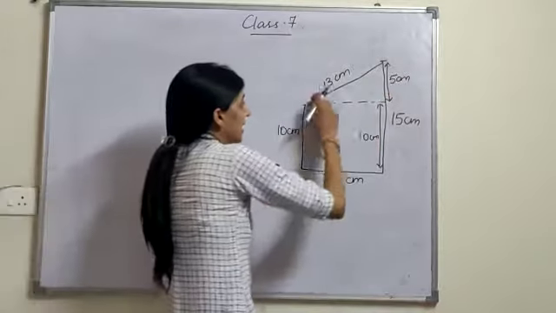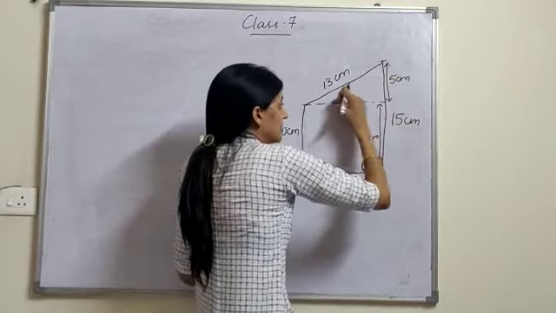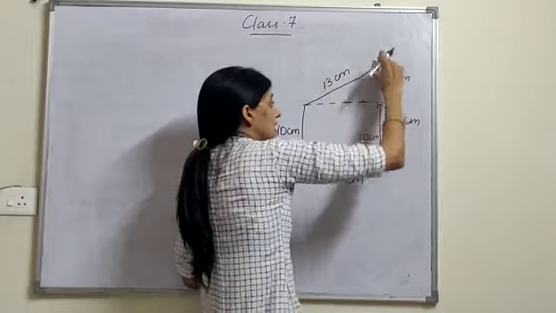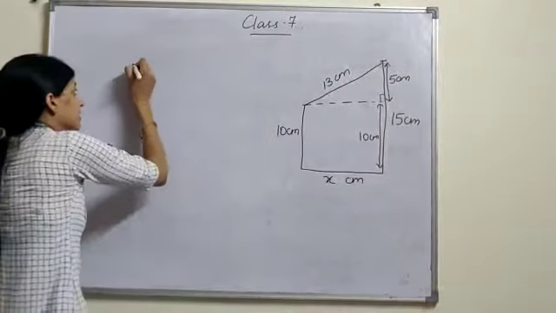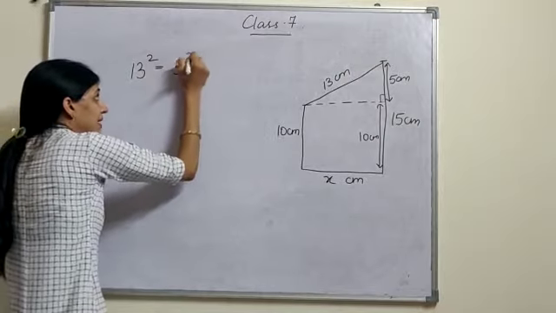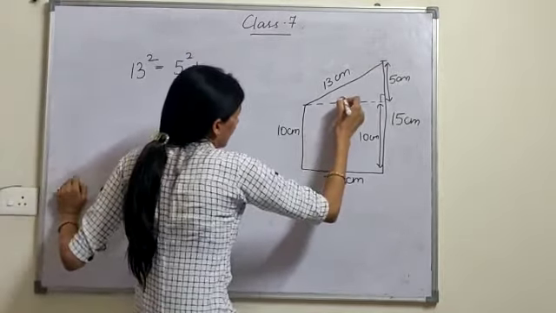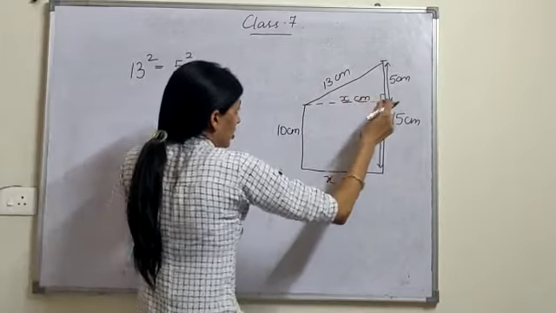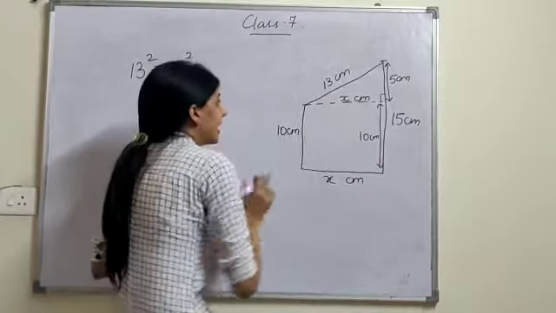Now does this look like a right angle triangle? This is the perpendicular, this is the base, and this is the hypotenuse. Can I say that? So what is the formula? Hypotenuse square is perpendicular square plus base square. Because this distance and this distance are equal, take it as x.